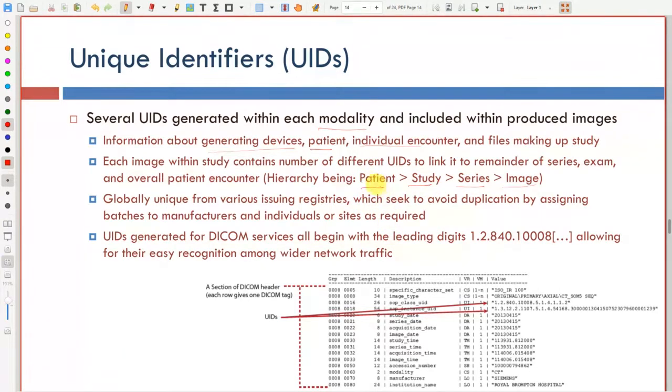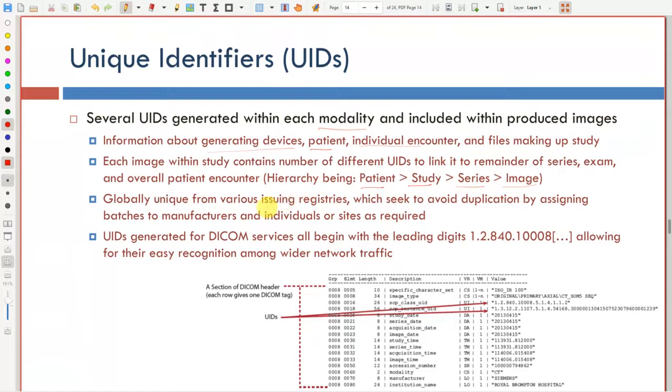So if you have a unique ID for the patient, a unique ID for the study, a unique ID for the series, a unique ID for the image, and you have all this information within the DICOM file, then these will be unique. You use the unique information, and you know that this image is a part of this series. And if you have multiple images, they will know exactly that they are a part of the same series if the series ID is unique between them. So this is very important.